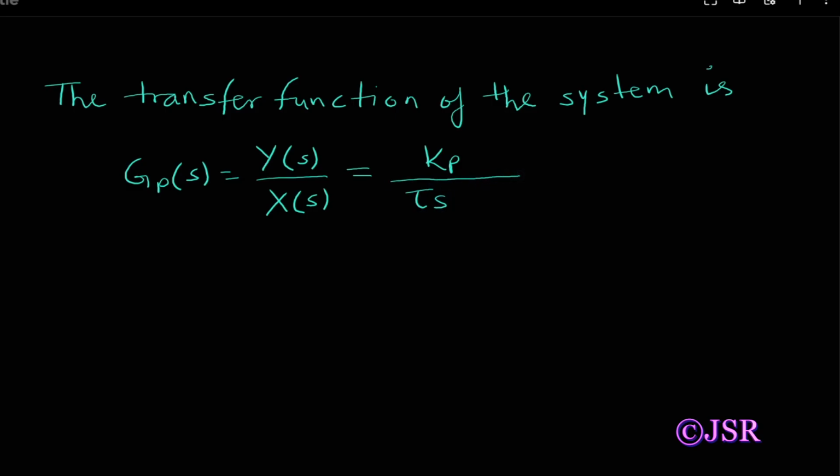And let's assume that we have a first order system which has the transfer function Kp upon tau s plus 1. Let's say this is equation number 1.